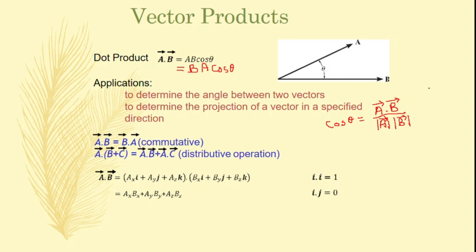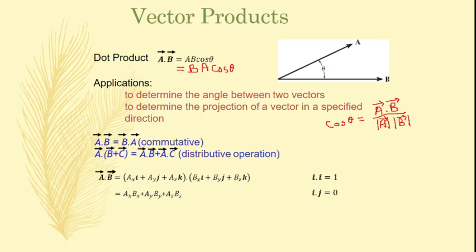If we divide this a vector dot b vector by the product of the magnitudes of these two vectors, then we get this cos theta. And if we want to find out the value of theta, then it is the cos inverse of this thing. Okay. So basically, this dot product is a scalar product. That is why, if we take the dot product of any two vectors, we get one scalar quantity.